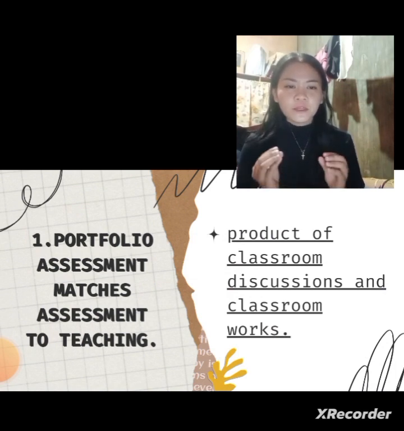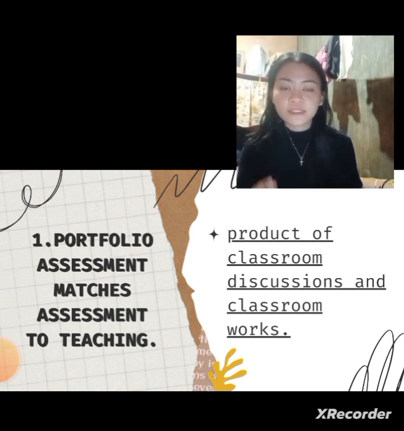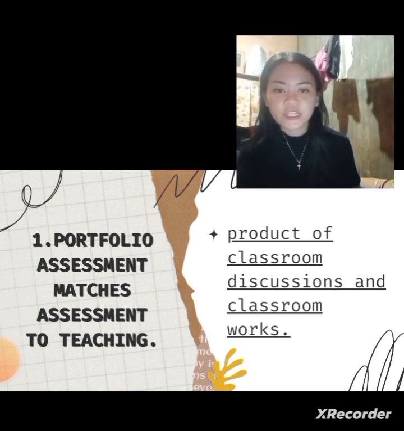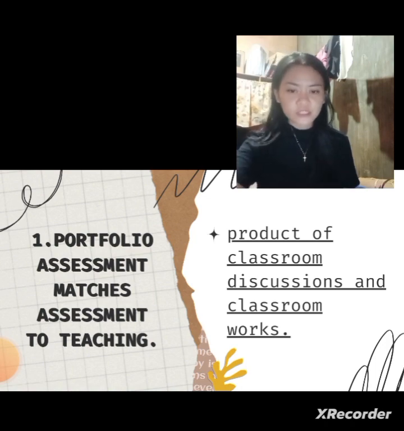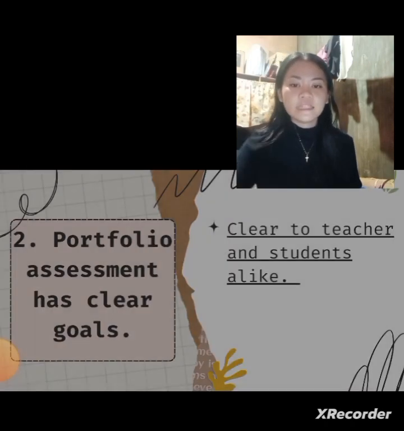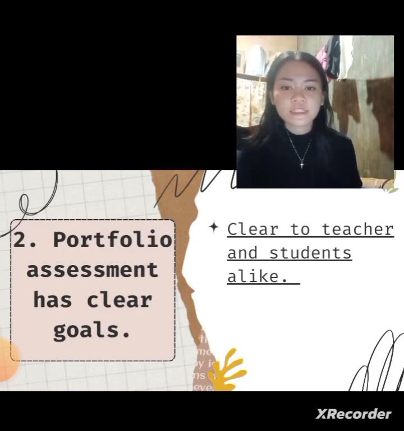The final outputs to be assessed are products of classroom discussion and classroom work and are not a simple diversion from the tedium of classroom activities. It is a product of classroom discussion and also classroom work. Next, portfolio assessment has clear goals.